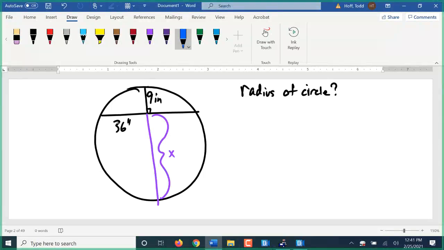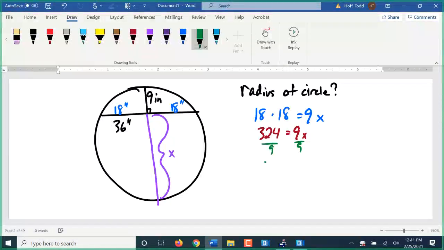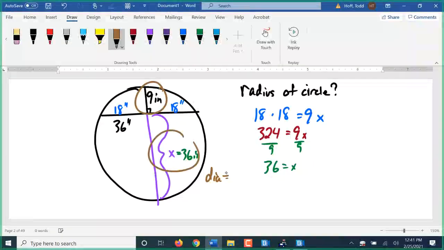The 36 here got cut into 18 and 18. 18 times 18 equals 9 times x. 18 times 18 is 324, equals 9x. And we divide by 9, giving us 36 equals x. So x here is 36 inches, giving us a diameter of 9 plus 36, or 45 inches.